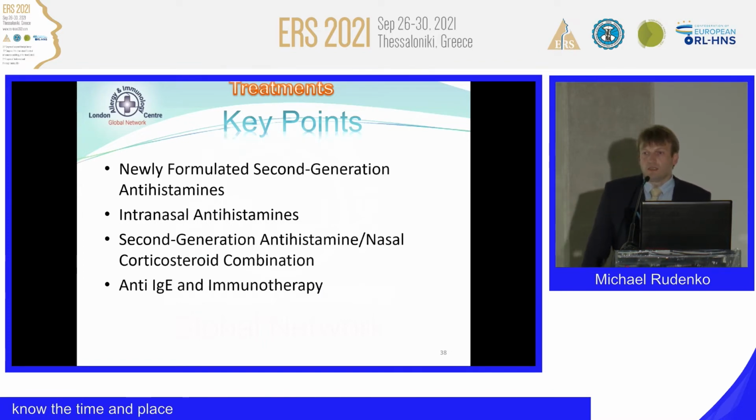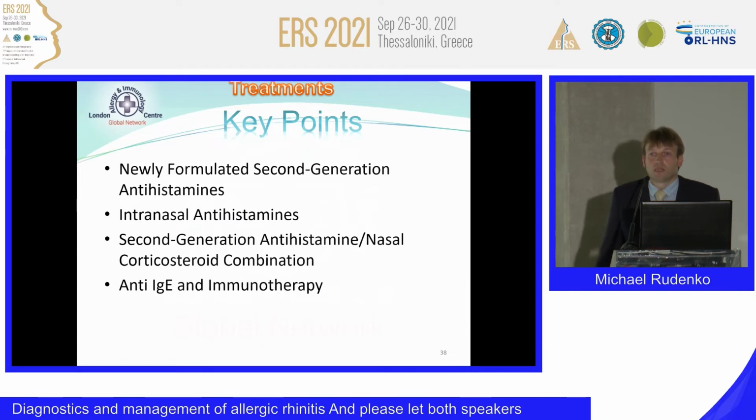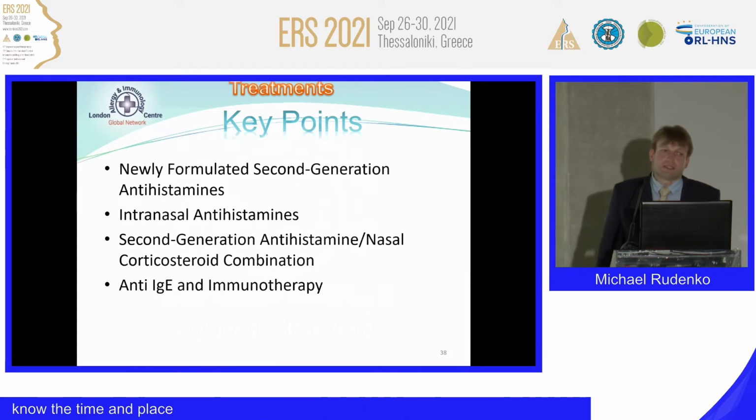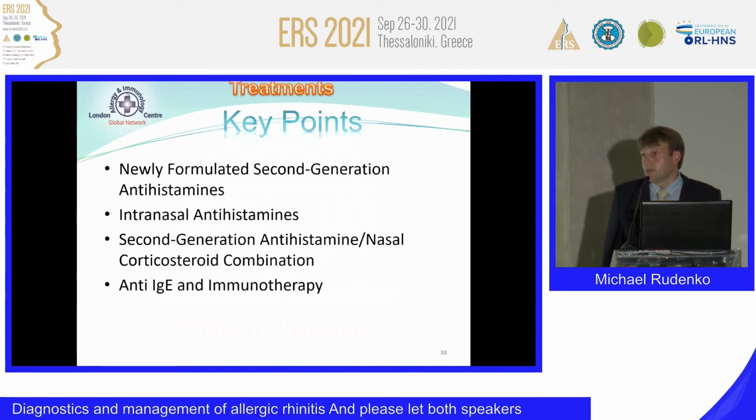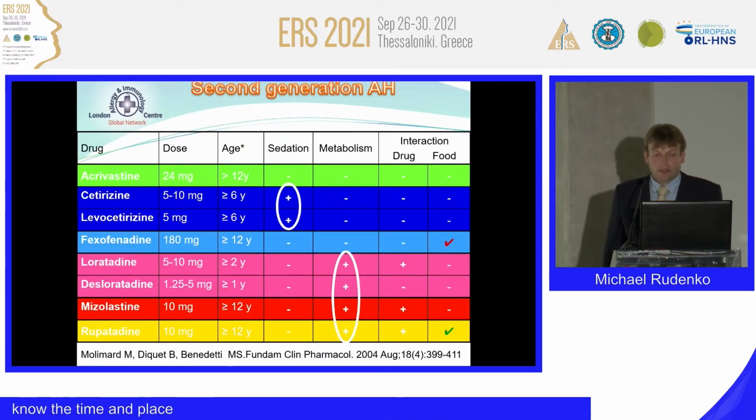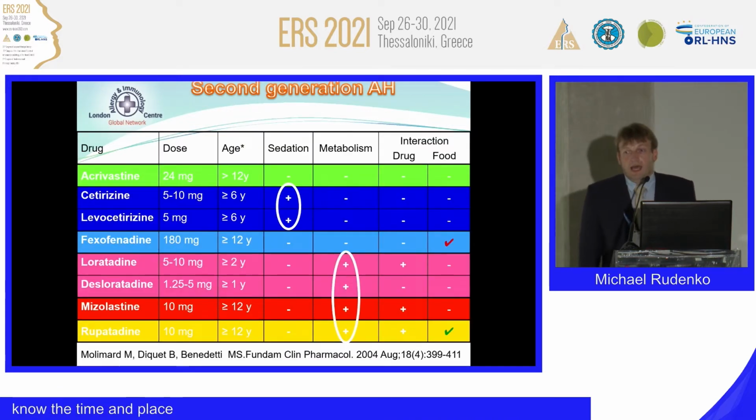Unfortunately, we see lots of advertisements on the radio, television, and so on for the old antihistamines, and that's obviously done on purpose. And people tend to know them and choose them because there is quite a long history of them being present on the market.